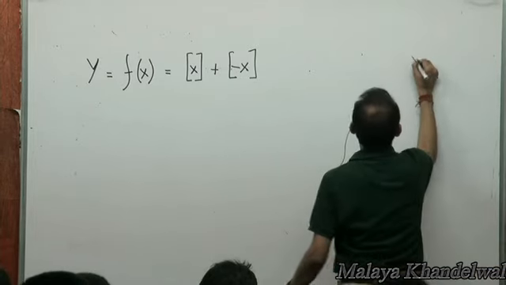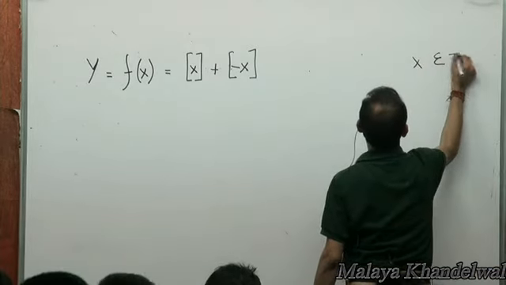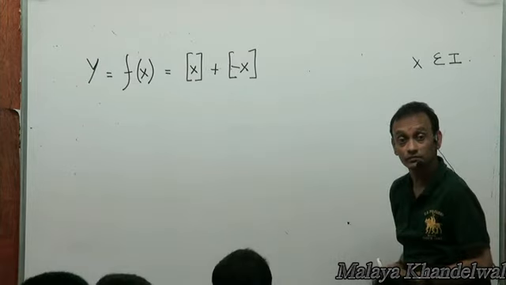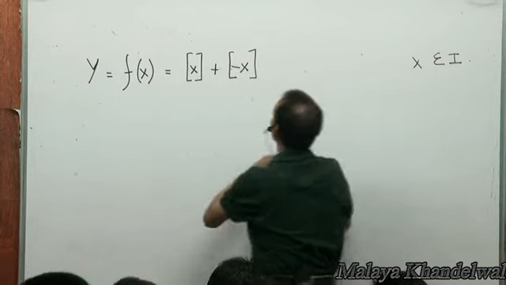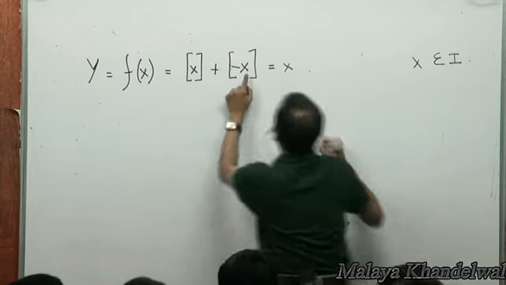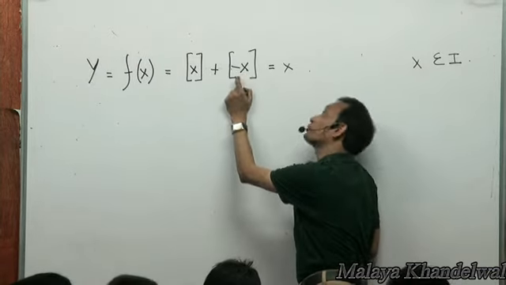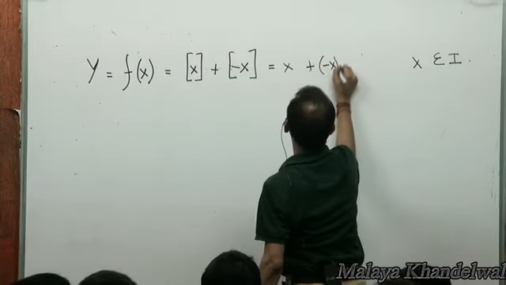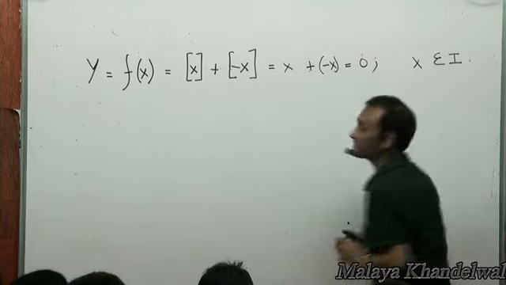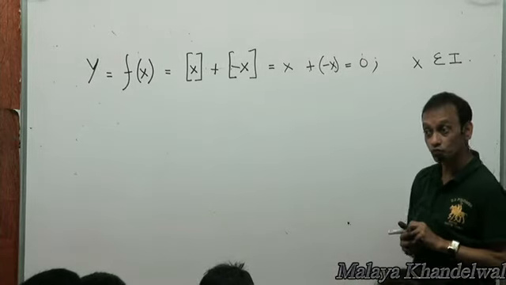Now when x is an integer, then output of this will be x, right? Minus x is also an integer, then the output of this will be minus x, and therefore it produces a 0. Every time x is an integer, it produces an output which is 0, right?